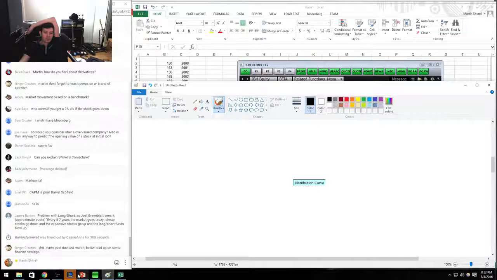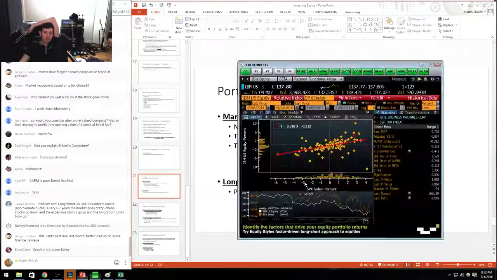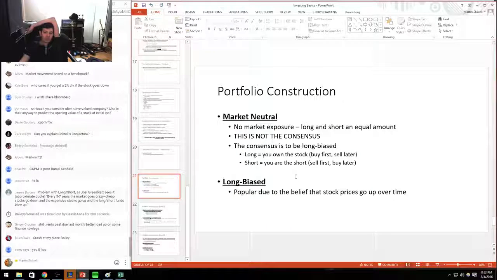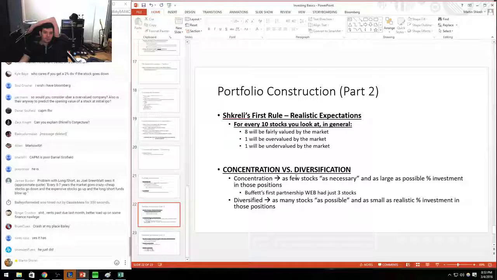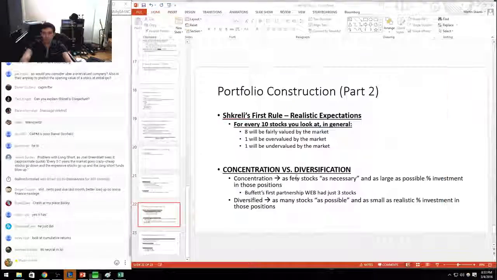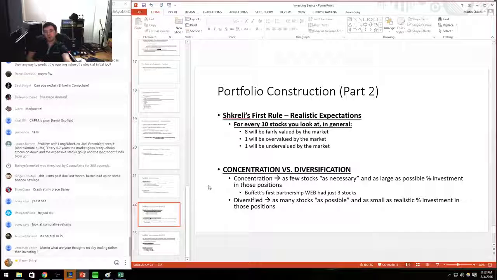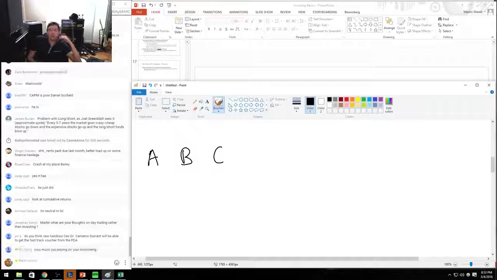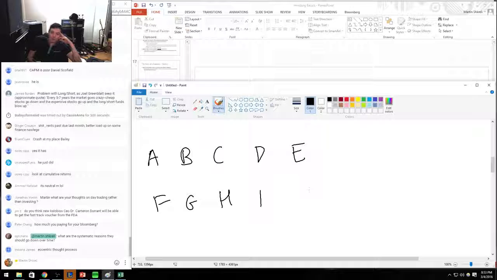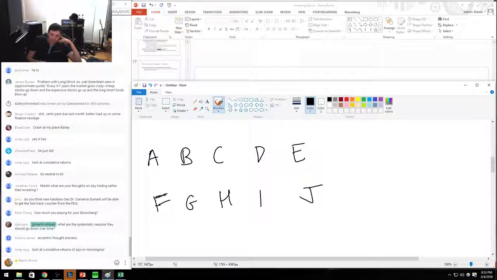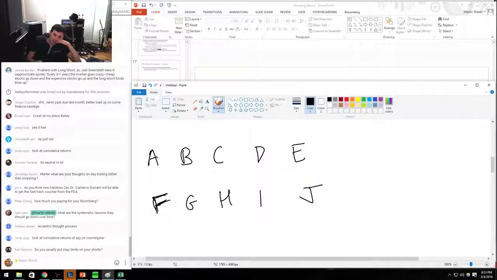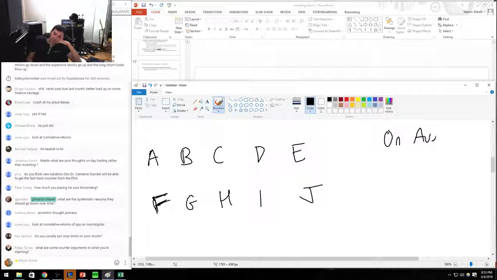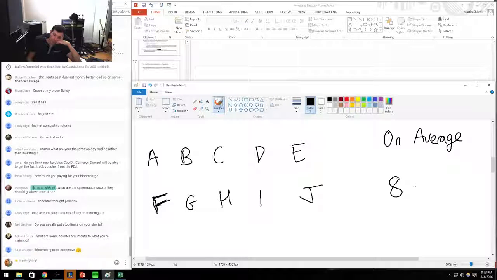So the next thing that I talk about that's kind of interesting is in terms of timing, how to time things. Well, let's talk about the second kind of elements first. My take on the stock market, and this is my experience over a long period of time, is that if you have 10 different stocks, on average, 8 will be fairly valued.